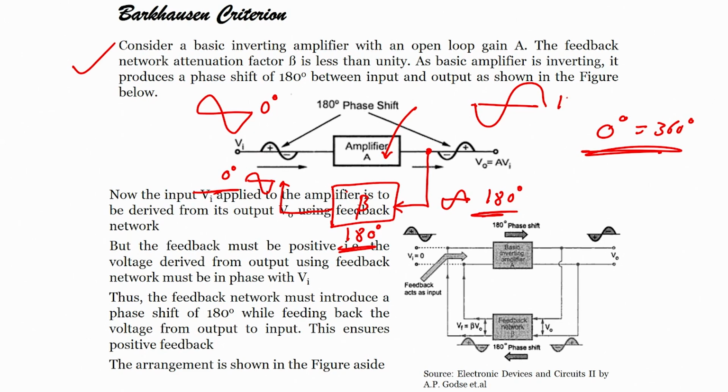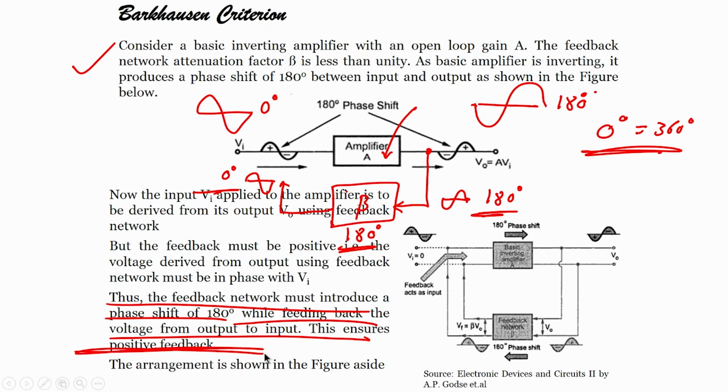That is why my output is 180 degrees out of phase, and then part of this output is fed back to the input through beta, the feedback network. It has to again have a 180 degree phase shift, which is provided by my feedback network beta. This is what is written: thus, the feedback network must introduce a phase shift of 180 degrees while feeding back the voltage from output to input. This ensures positive feedback.